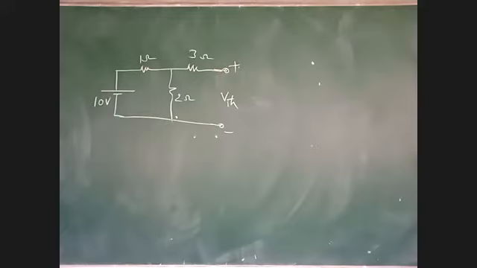If you remember these 2 points: if you open, that will be Thevenin's theorem. If you short circuit, that will be Norton's theorem. Norton's theorem I don't want to discuss now. First I am discussing Thevenin's theorem.